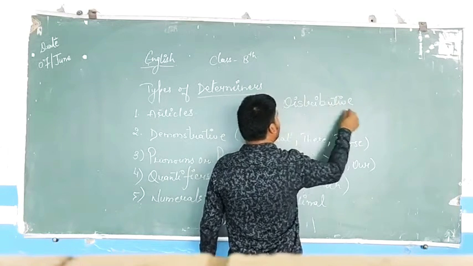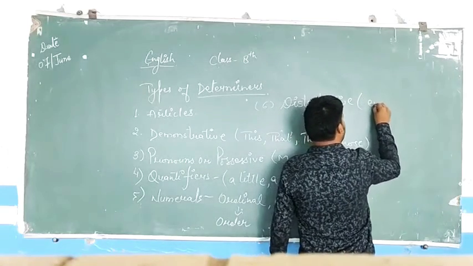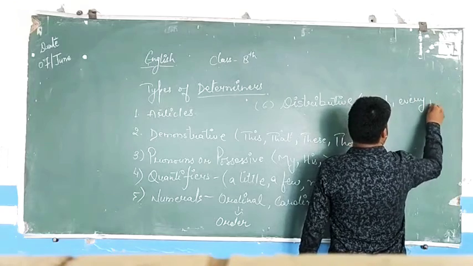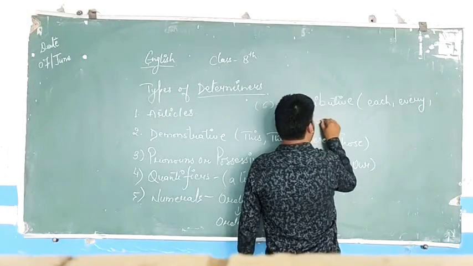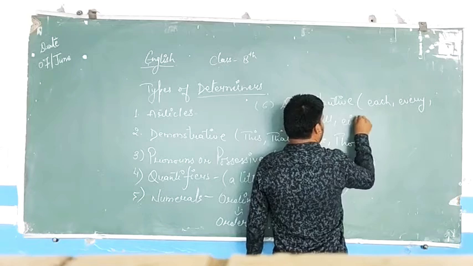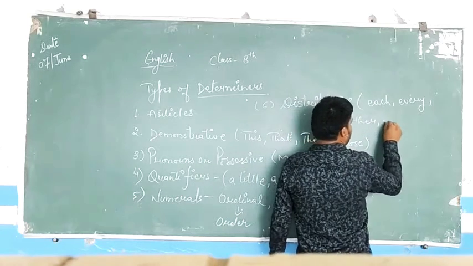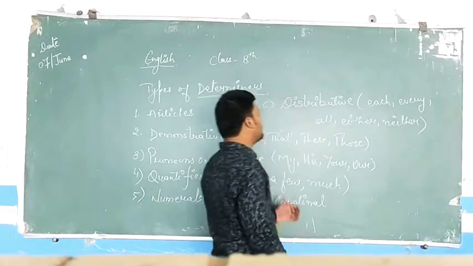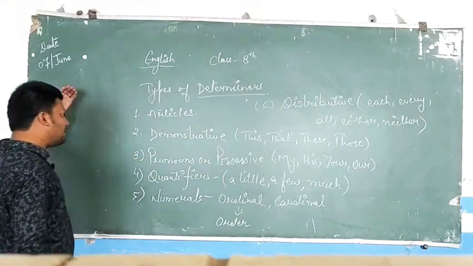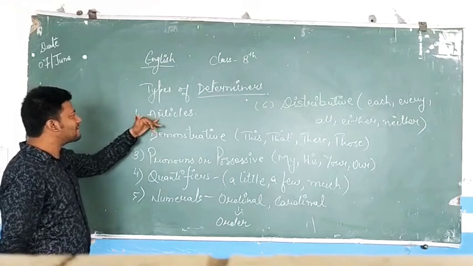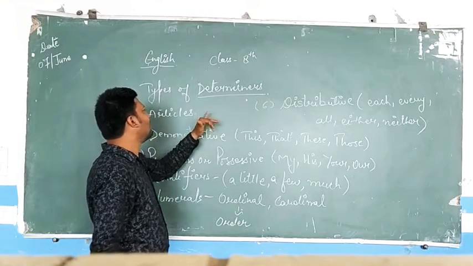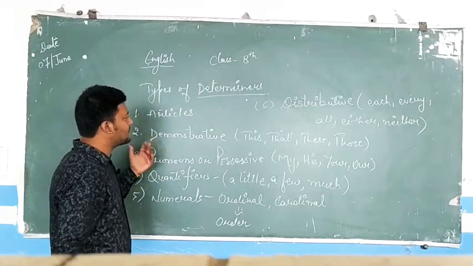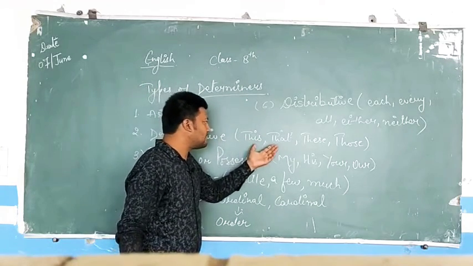By distributive I mean each, every, all, either, neither. So these are basically six you can see here on the board. First one is articles, contains a and an as indefinite and the as the definite article. Demonstrative, this and that, these, those.